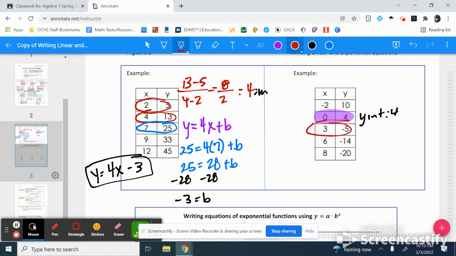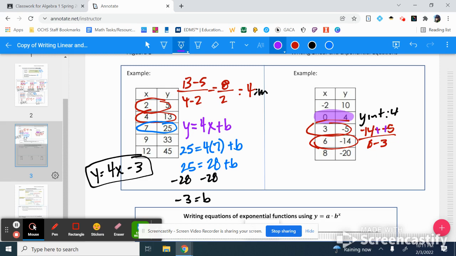I'm going to pick 3, negative 5 and 6, negative 14. So 3, negative 5 would be my x1, y1. 6, negative 14 would be my x2, y2. So as we plug this in, I have negative 14 minus negative 5 divided by 6 minus 3.